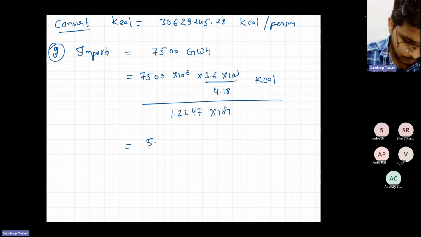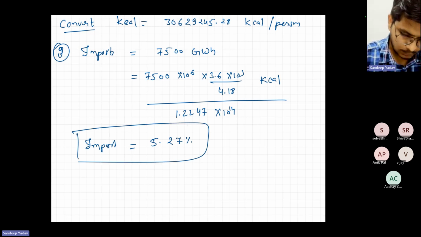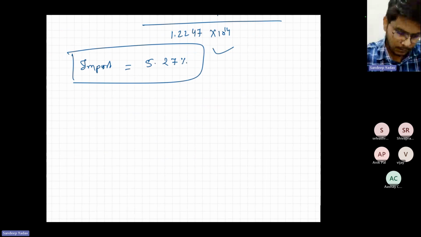So that comes out to be 5.27%. That is the imports.